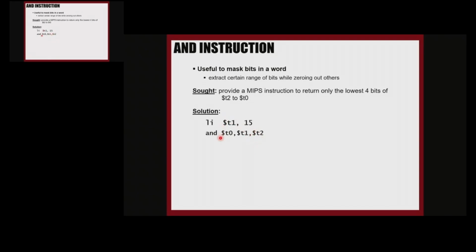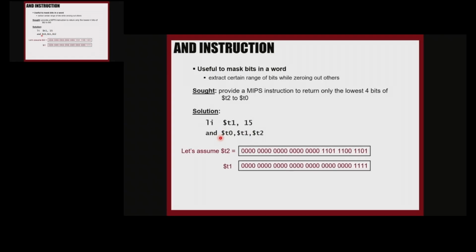So let's see how it works. Let's assume that we have some number in T2, okay? So this is just something in T2. And then we have T1 as 15. When you have the binary representation of 15, everything is 0 here, and the first 4 bits, the least significant 4 bits, are 1.